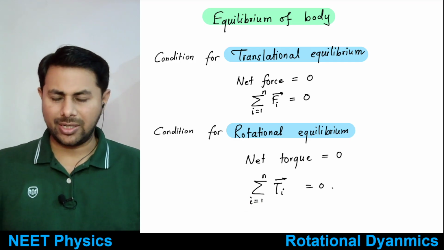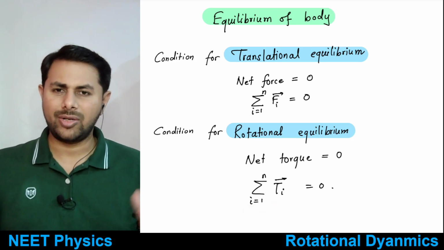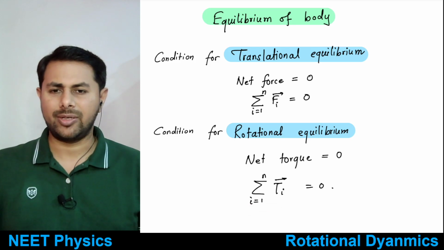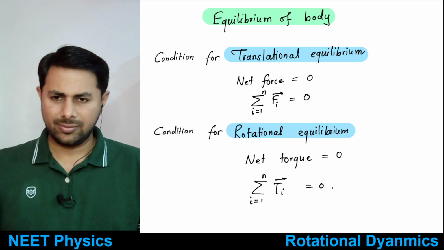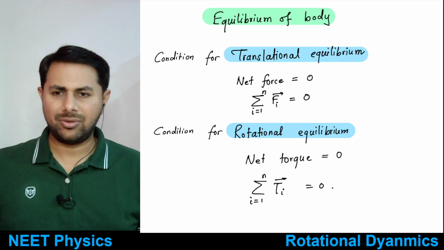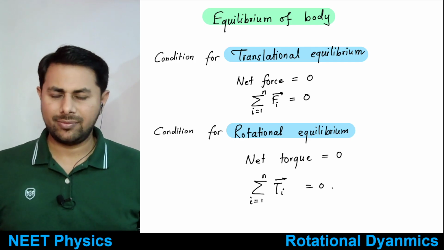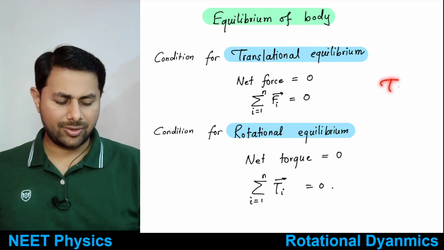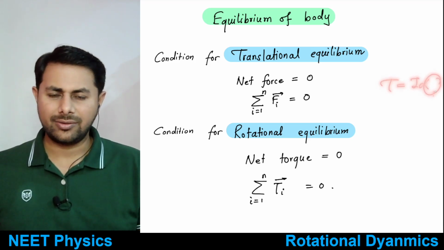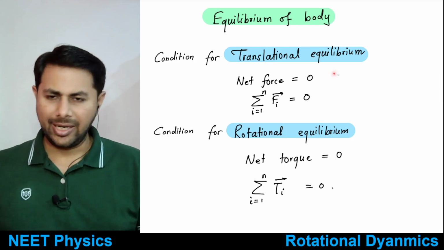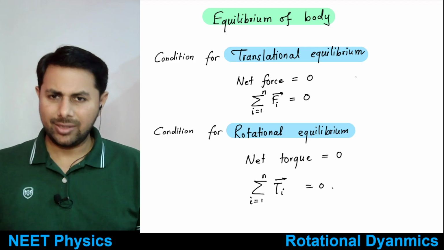Is this point clear? Net torque acting on the body must be equal to 0, then the body will be in rotational equilibrium. If net torque is not equal to 0, then what will happen? We can say tau is equal to I times alpha, so there will be angular acceleration. If net force is not equal to 0, there will be linear acceleration.